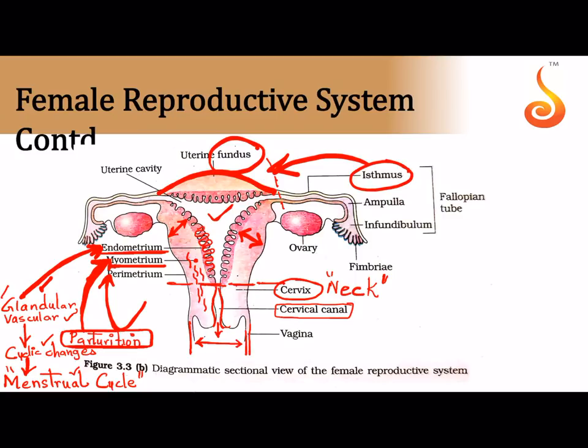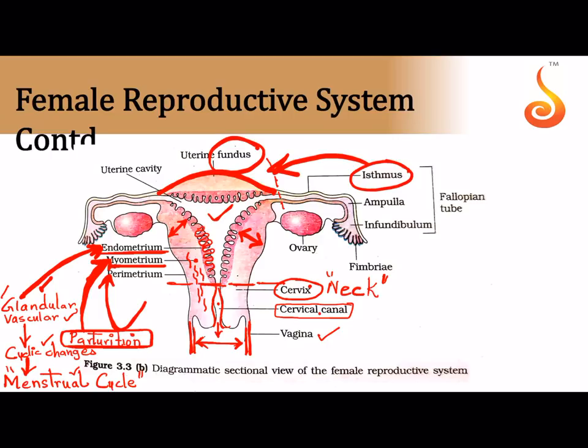The wall of this canal is referred to as the vagina. Is that clear to all of you? So the neck is the cervix, then the canal inside is the cervical canal. It opens into a wider canal which is referred to as the vaginal canal. The walls of this vaginal canal are referred to as the vagina.